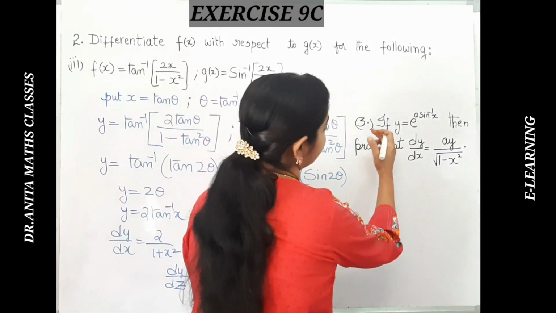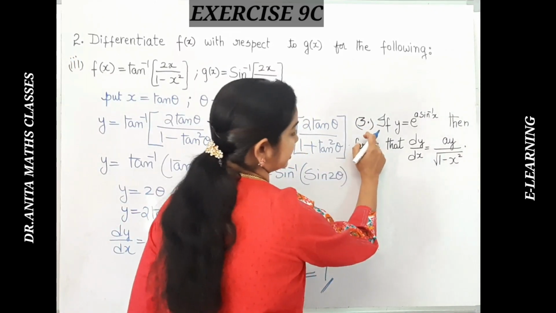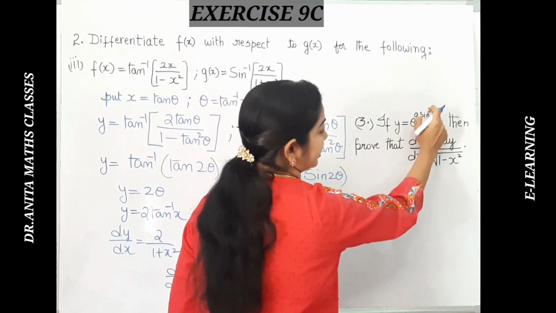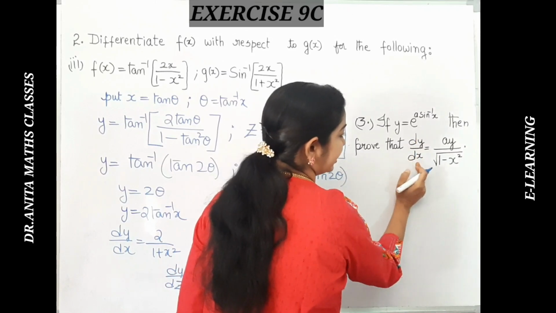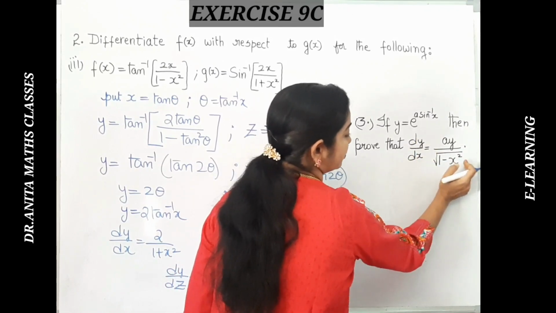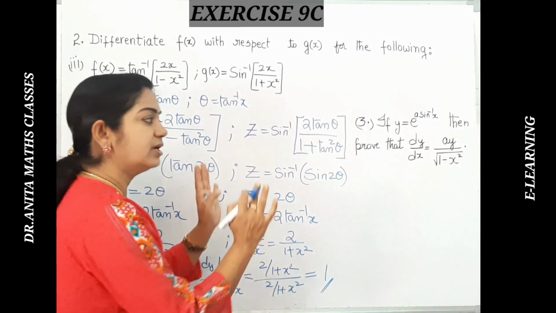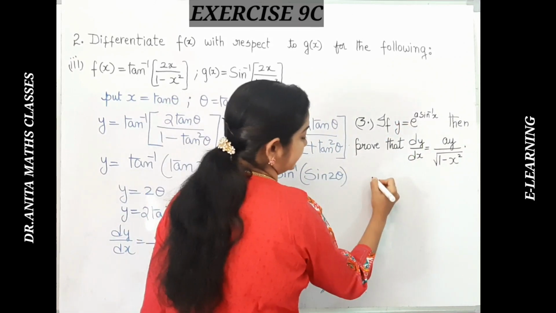Moving on to the third one. This is the second section, third bit problem. Here y is equal to e raised to the power of a sin inverse x. Then prove that dy by dx is equal to a by under root 1 minus x square. Here the first and second functions are not given, we just have to differentiate with respect to x. Let us start here.